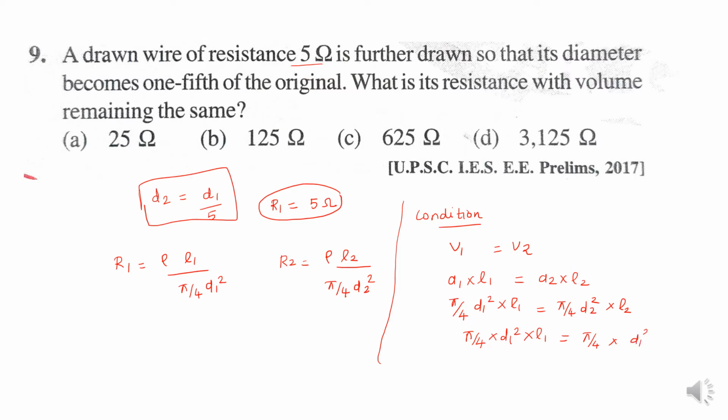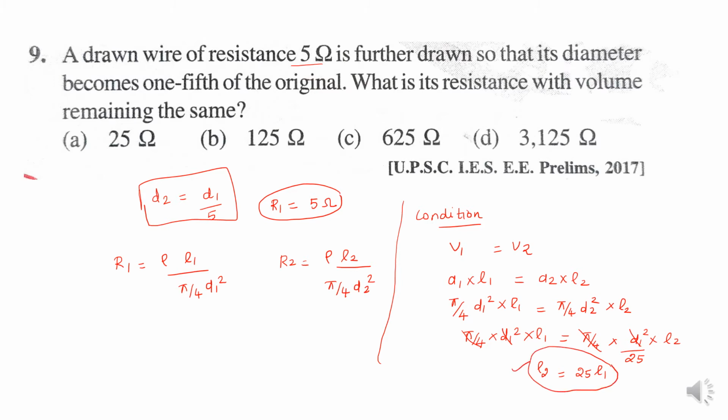D1 square by 25, into L2. Now D1 square gets cancelled, pi by 4 gets cancelled. So what is the value of L2? L2 is 25 L1.